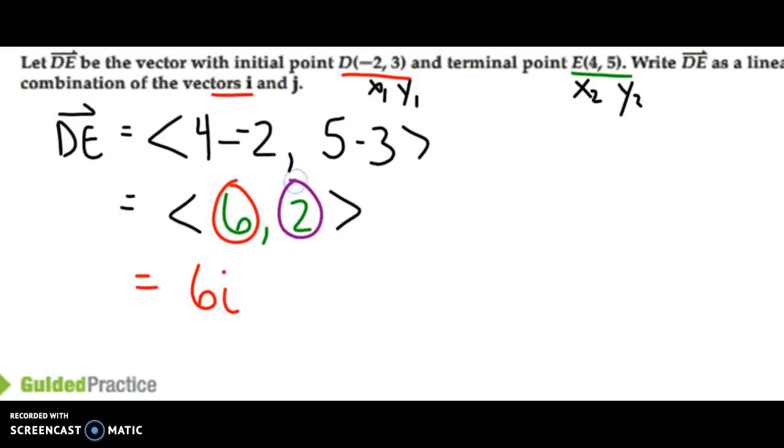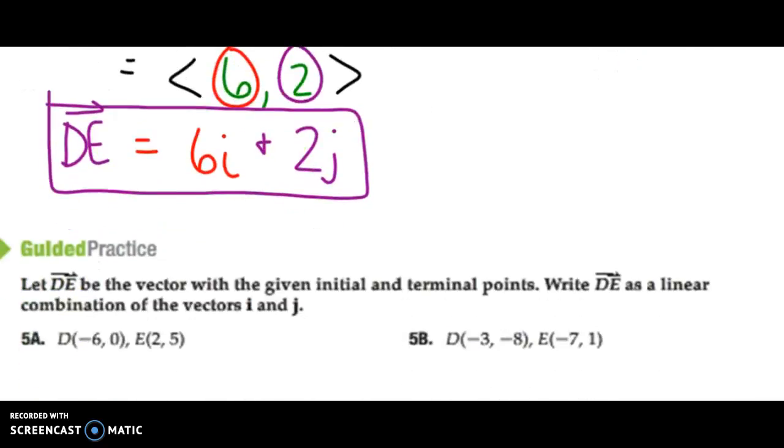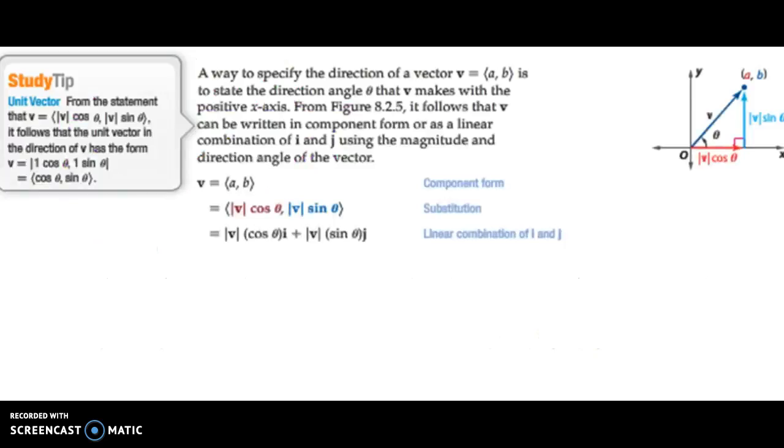Then I look at my y component, which was 0, 1, and so that's going to be the same as 2j. So DE as a linear combination is going to be 6i plus 2j. All I did is I took 6 from my component and 2 from my component and rewrote it out like this.